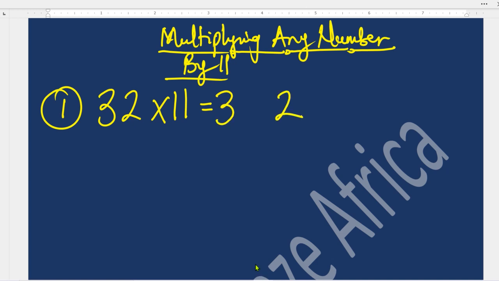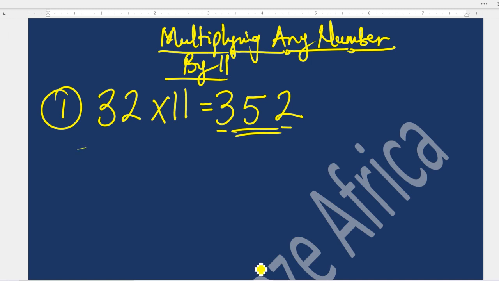I did not say the first and the second digit. I said the first and the last digit. Then add the two numbers together, 3 plus 2. That will give us 5. Write 5 at the middle of 3 and 2. So 32 times 11 is equal to 352.